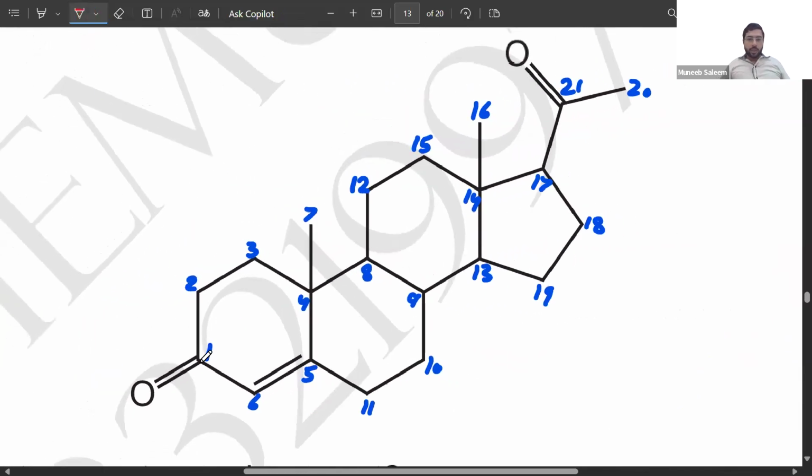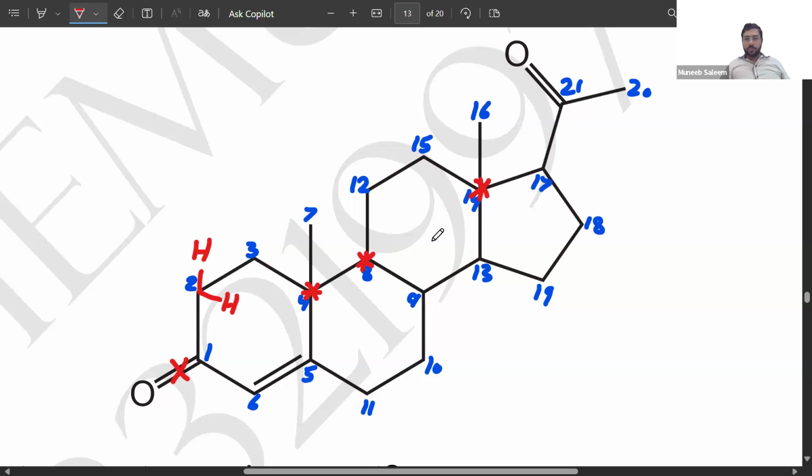So all those containing the double bond are ignored, and all those containing 2 hydrogen atoms on them are also ignored. So let's check the remaining carbon atoms. Here is the one asterisk. This asterisk indicates the chiral carbon. Another chiral carbon is present here, and then another chiral carbon is present here.